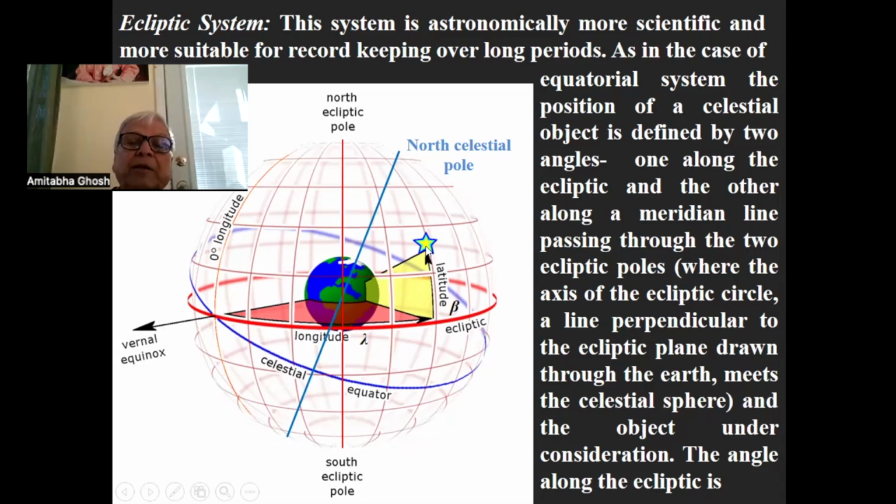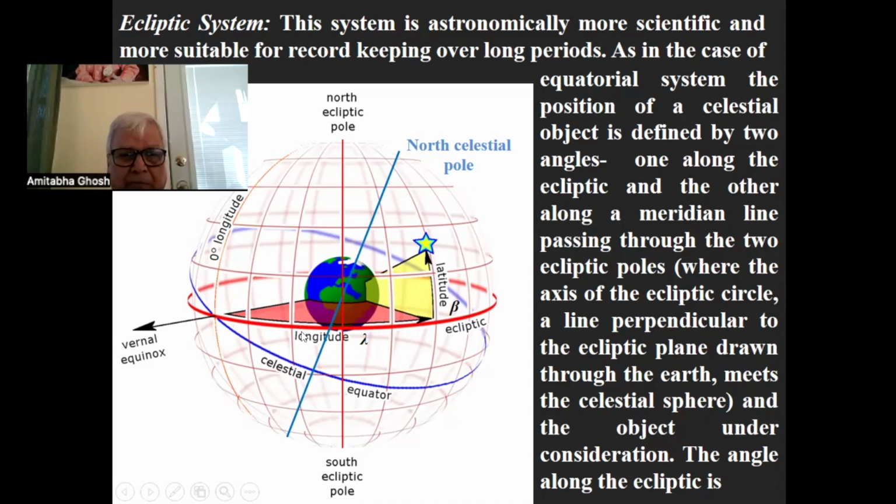There are also meridian lines connecting the ecliptic poles, and along those we measure latitude. Here the terminology is exactly the same as in the terrestrial system. The longitude is the angle along the ecliptic, and the latitude is the angle perpendicular to it. So now the question is, which is the reference point?